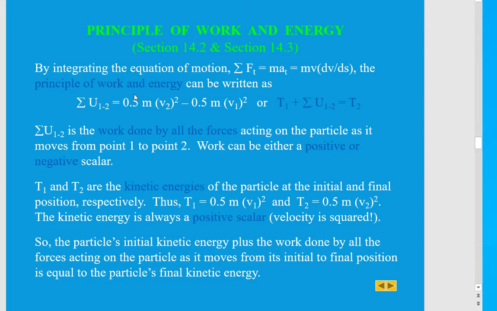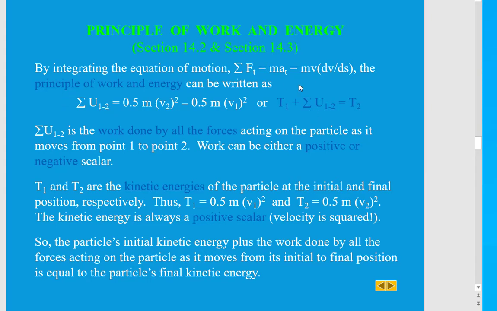So this principle is called the principle of work and energy. The principle of work and energy is that the work done by all the forces as the particle or system of particles changes state from 1 to 2, or from one state to another, is equal to the change in the kinetic energies, which is T2 minus T1, or you can write it in this form.